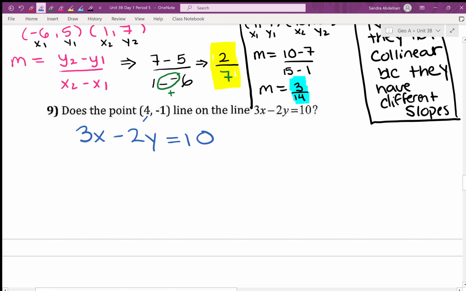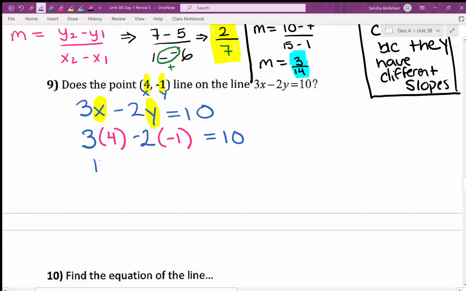So here's my x and my y. I'm going to plug in x and y. So now I'm going to have 3 times 4 minus 2 times -1, and we want to know, does that equal 10?